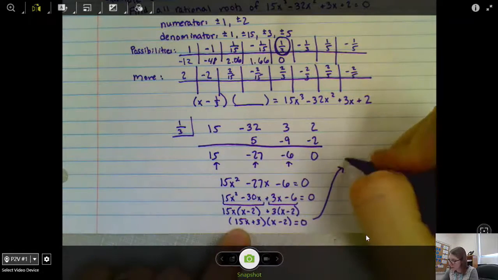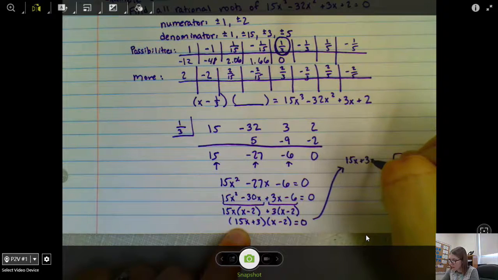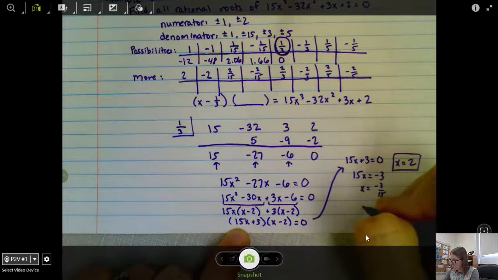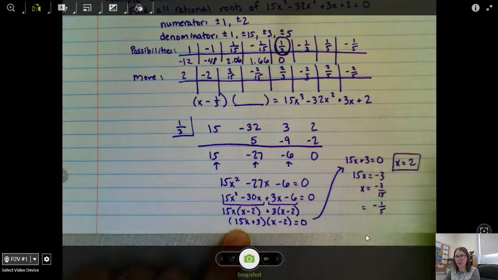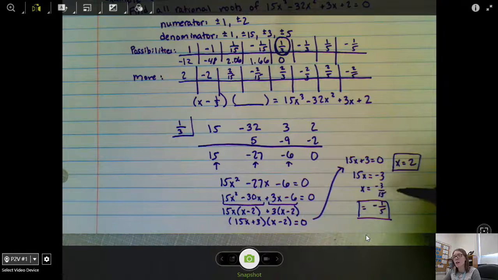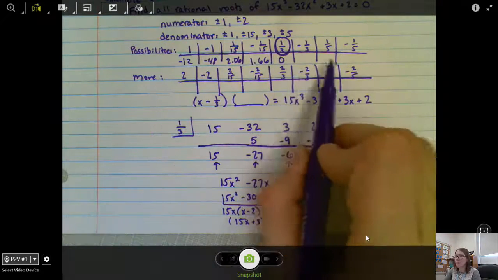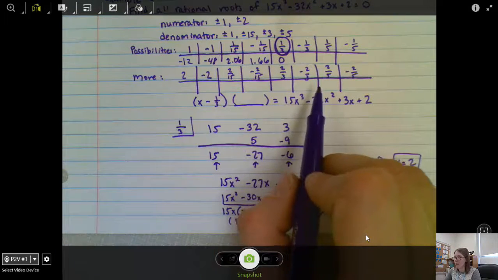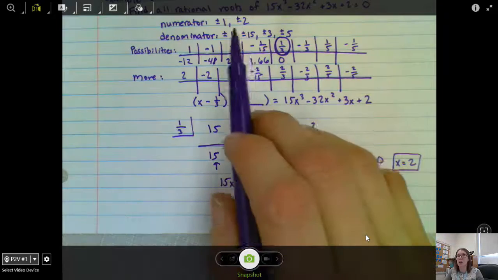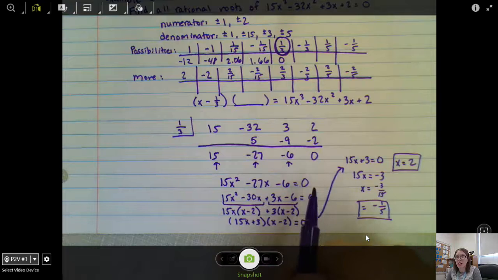And 15x plus 3 equals 0. Subtract 3 and divide by 15, which is negative 1/5. Again, we could have gotten that both of these are roots also by keeping on filling in our table here. But if you're ever asked to find all roots in general, not just all rational roots, this is the strategy that you would want to use.